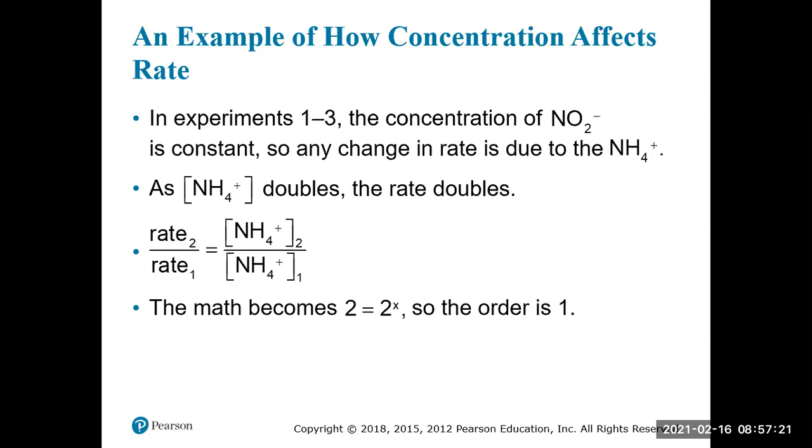So 2 to the x, if x is 1, then 2 equals 2. If that rate had gone up by a factor of 4, then we'd have 4 equals 2 to the x, and in that case, x would be 2, so the order would have been 2. But this tells us that the order for the ammonium ion is 1. So basically the rate doubles with a doubling of the concentration, the order is 1.